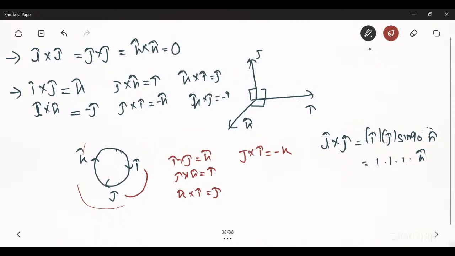I cross K is minus J, and K cross J is minus I cap. So these are the properties of the cross product.